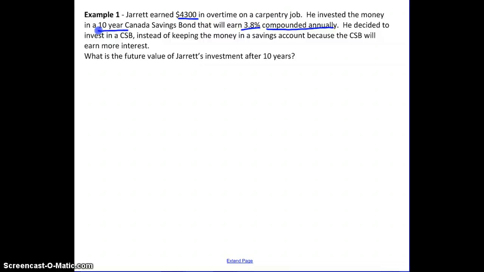He decided to invest instead of keeping the money in a savings account because the Canadian savings bond will earn more interest. What is the future value over 10 years? Okay, so we've got our formula, which is A equals P, 1 plus R over N, to the power of N times T. So our principal is $4,300.